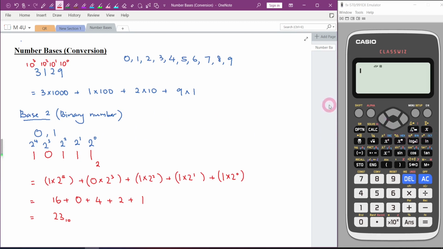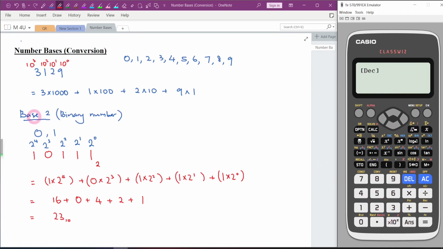So let's say if you want to use your calculator to check, you just need to press menu and search for base, number base. You can use your arrow key, under here, press enter, press equal. If you don't want to do it this way, you can do it another way. You see a 3 here, right? You can just press 3.